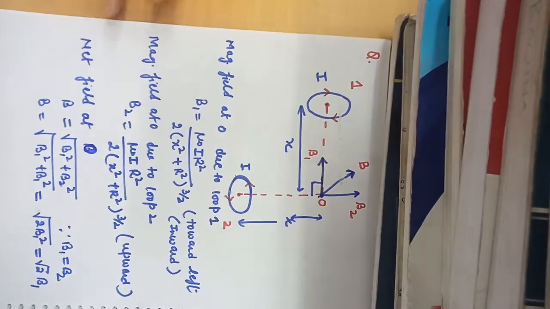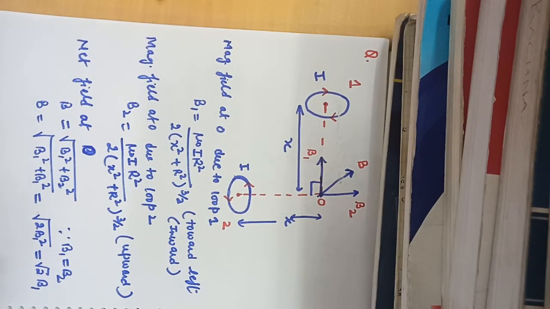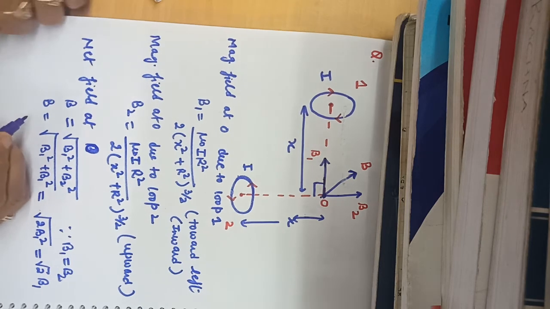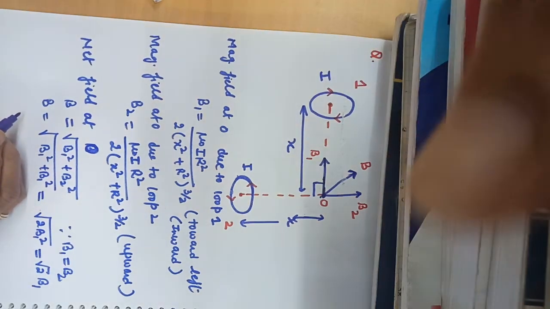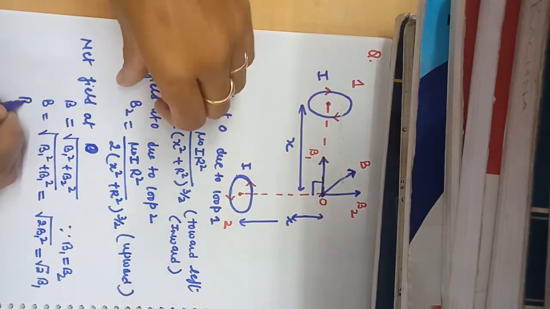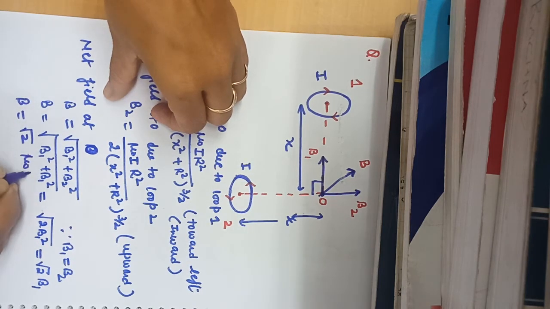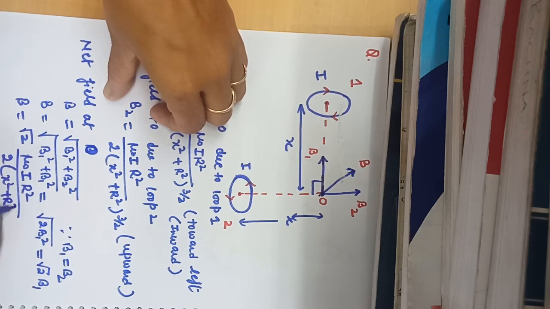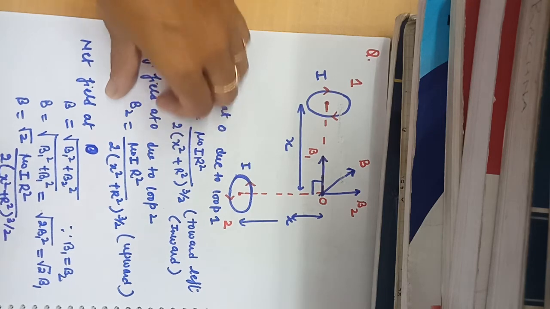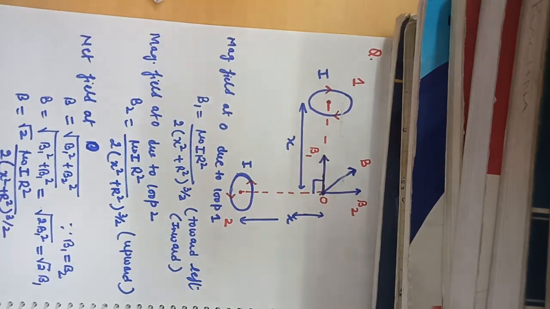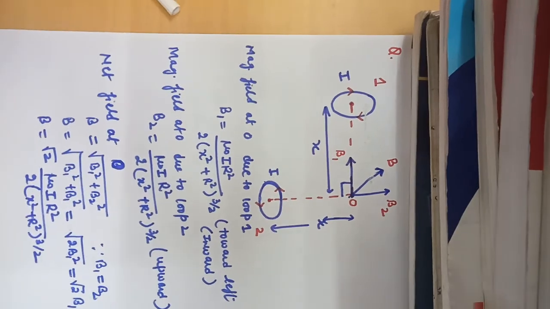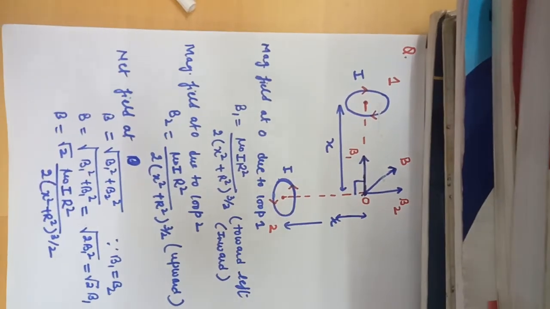Now substitute the value of B1 here. So when you substitute the value of B1, B is equal to root 2 times mu naught I r square over 2 times x square plus r square to the power 3 by 2. This expression you have got.